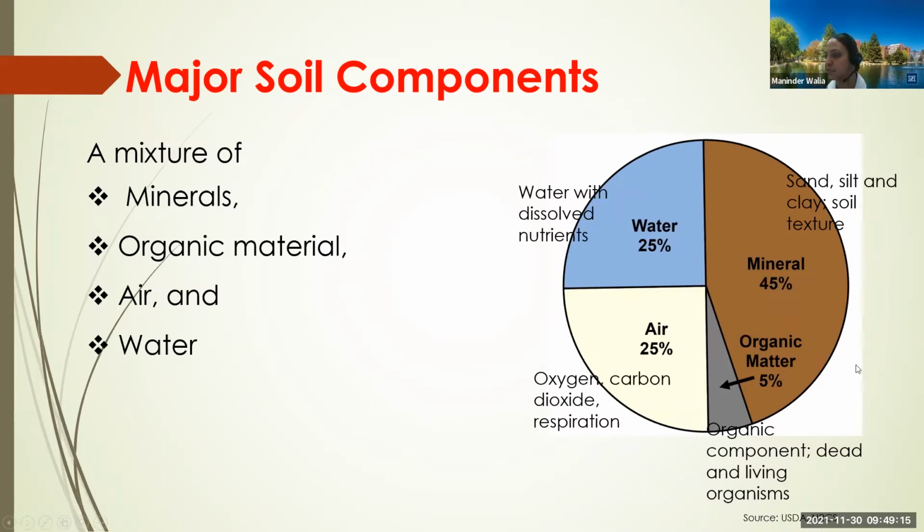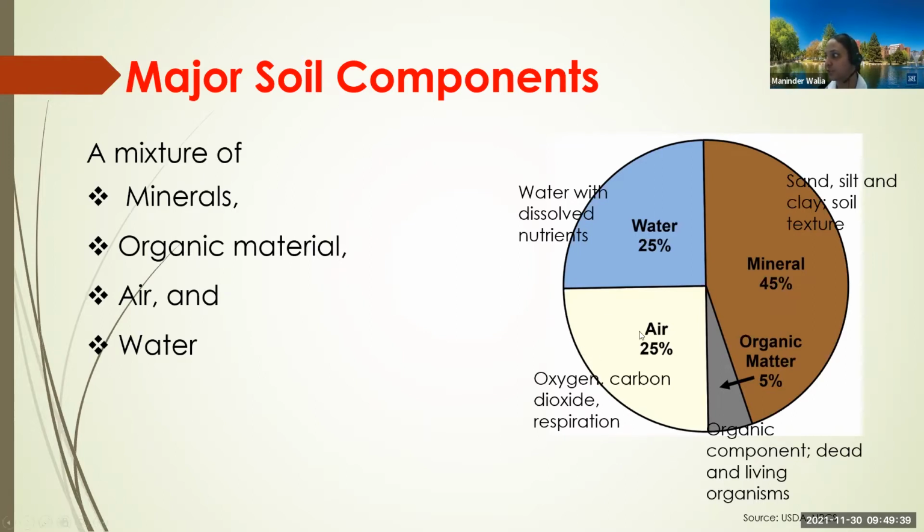However, an ideal soil, on average, has a composition by volume of 45% minerals, which is composed of sand, silt, and clay, which also dictate the soil texture. Then we have 25% water, and the nutrients dissolve in this water, and that's what is taken up by the plant roots.